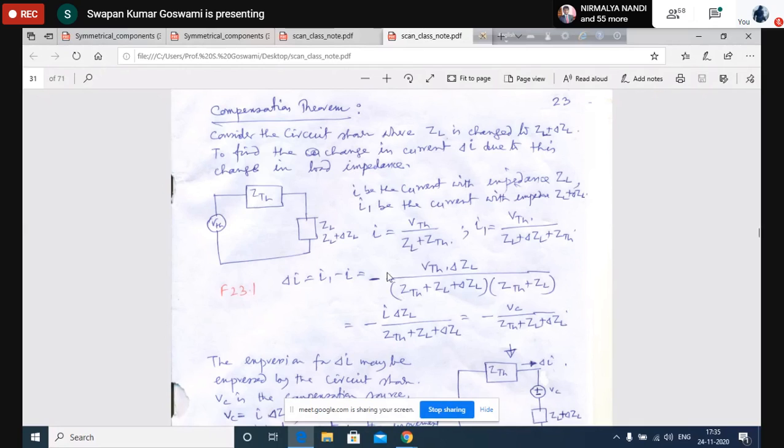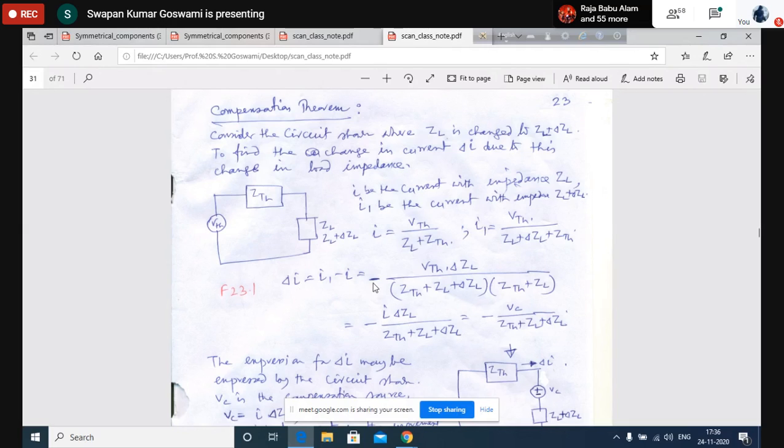Now let us write it in a simpler form. Delta I equal to minus V Thevenin delta ZL by (Z Thevenin plus ZL plus delta ZL) into (Z Thevenin plus ZL). So that may be written in terms of I, the current that was flowing in the initial circuit. How to write I? It is V Thevenin by Z Thevenin plus ZL. This portion, this by this, we are writing as I into delta ZL by Z Thevenin plus ZL plus delta ZL.